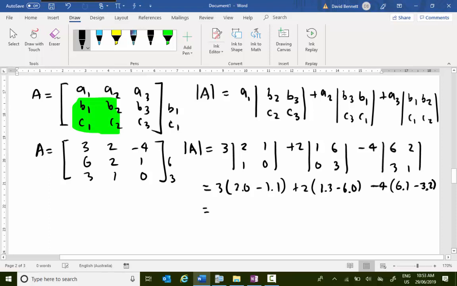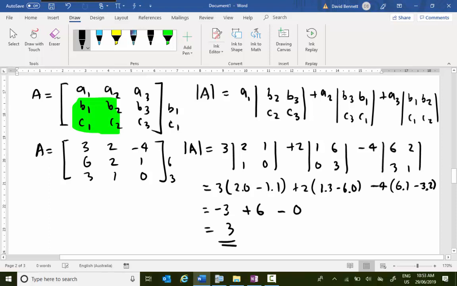Let's do that. Inside the bracket, 2 times 0 is 0, take 1, that's -1. That times 3 is -3. Then 1 times 3 take 6 times 0 is 3, so 2 times 3 is +6. Then over here, 6 times 1 take 3 times 2 is 6 take 6, that's 0. Take 4 times 0, so therefore that gives me an answer of 3.